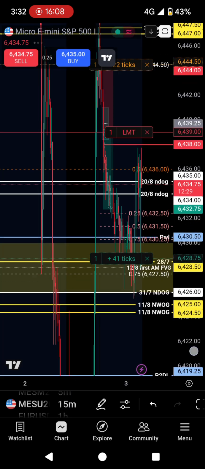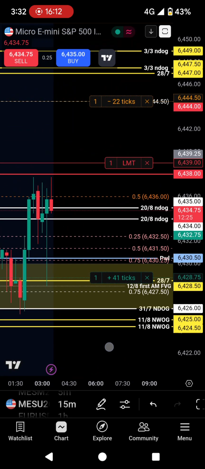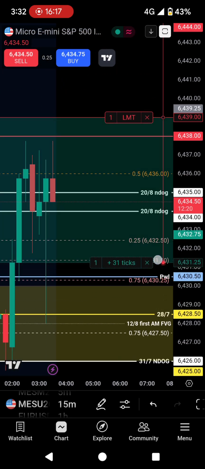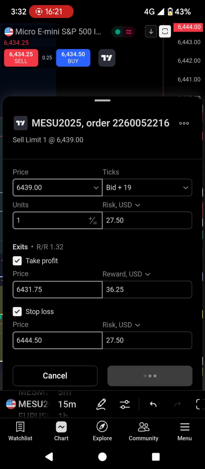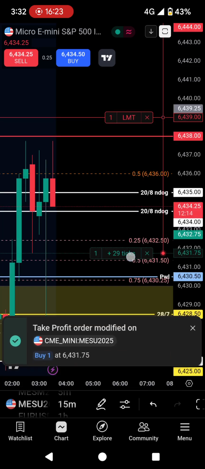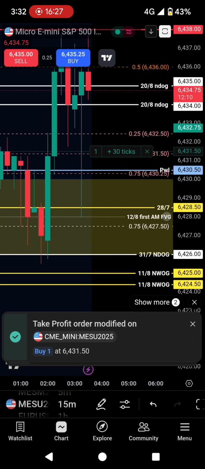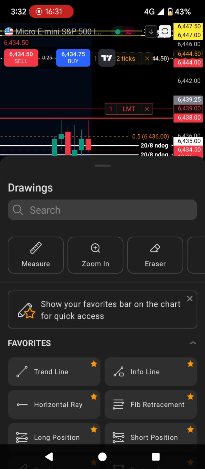Now let's see where is the sell side. So the first sell side, or the first lowest hanging fruit target, is going to be the CE of this week. CE of this week is roughly here. Let's measure.